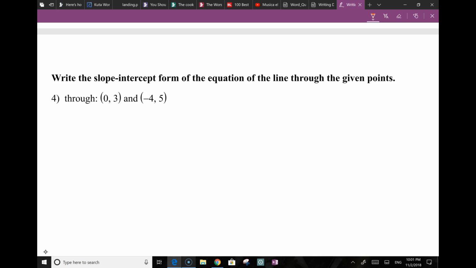So once again, if my goal is slope-intercept form, then I need to be aware of the things that I need. So I need this, my slope, I need that, my y-intercept. When I look at these 2 points, or these 2 ordered pairs, I want to see if one of them represents my y-intercept, because that is the place where I should begin if I have information to plug in there.